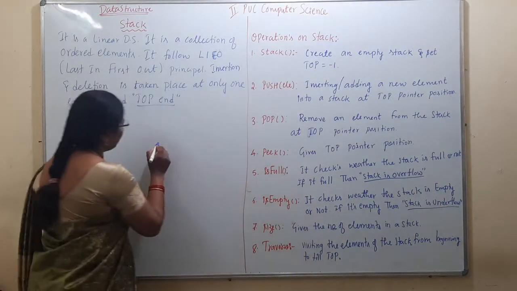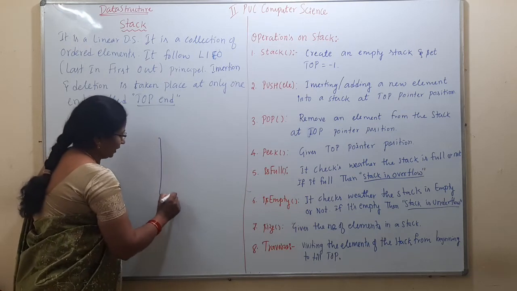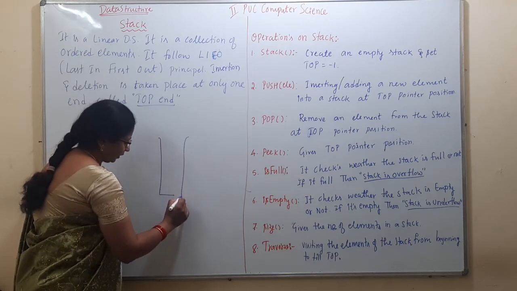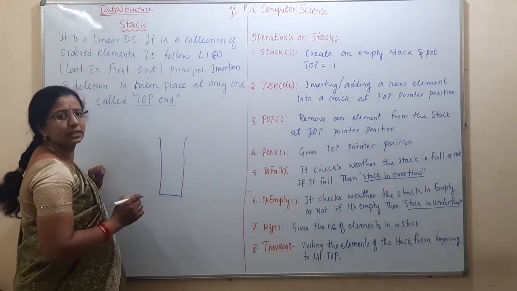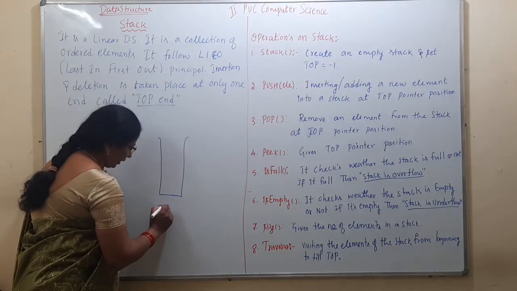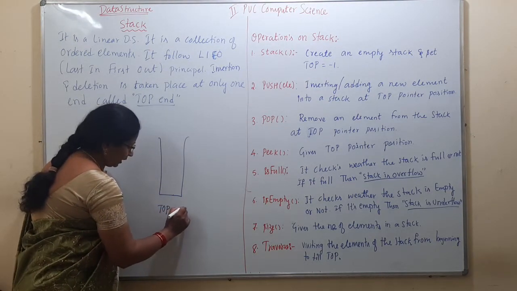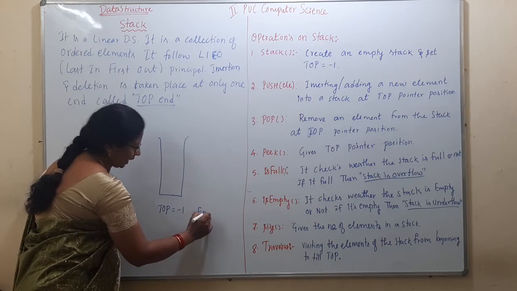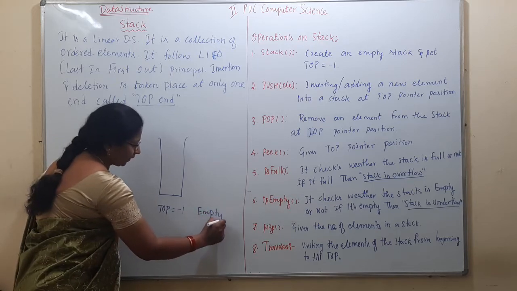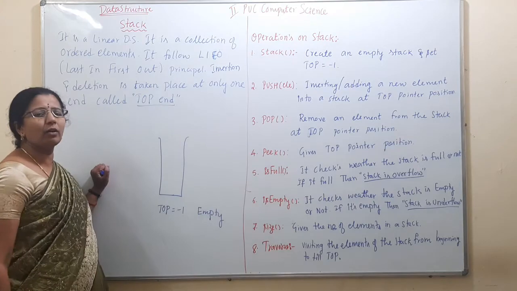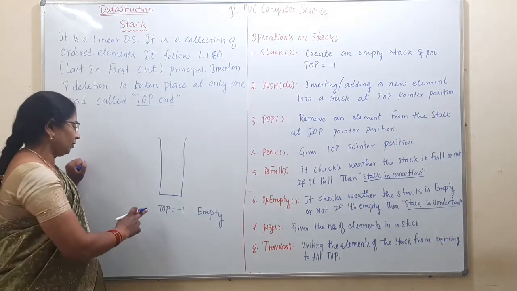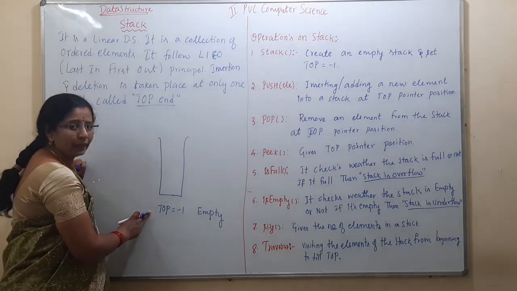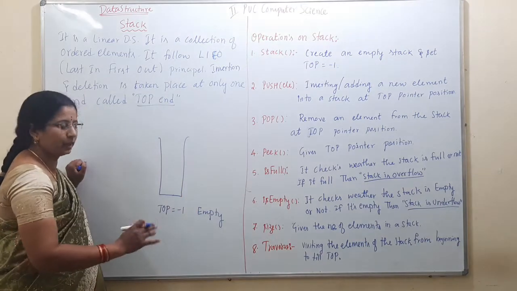That means your stack will be like this. Here we are using one pointer called top pointer. If the top pointer is set to -1, then the stack is empty.